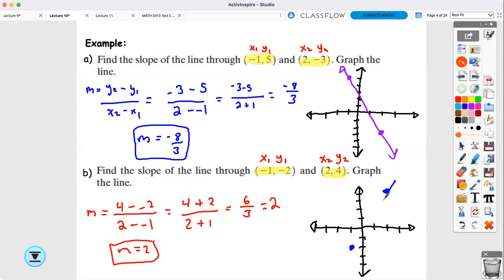Boom. Connect your points. And it is an upward line for a positive slope. It matches.